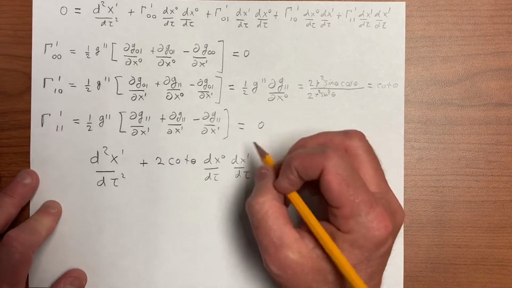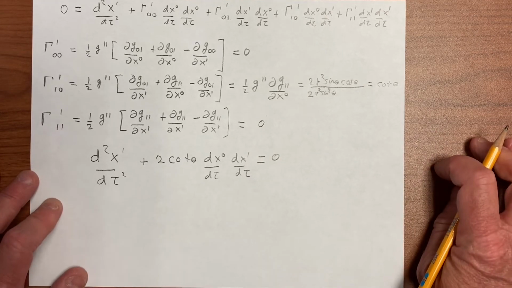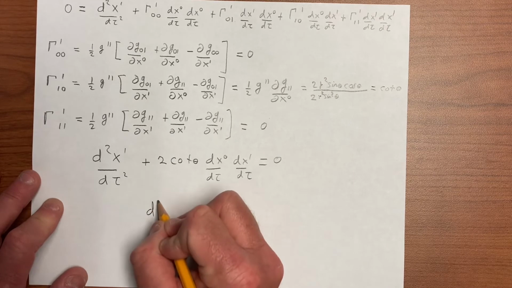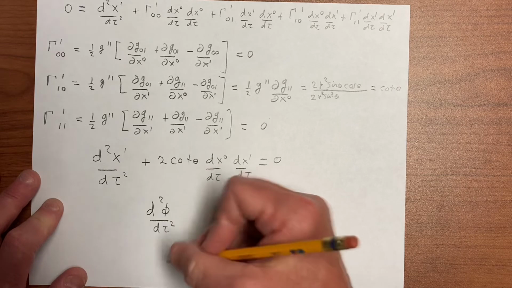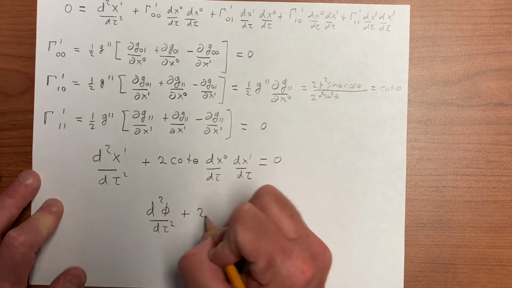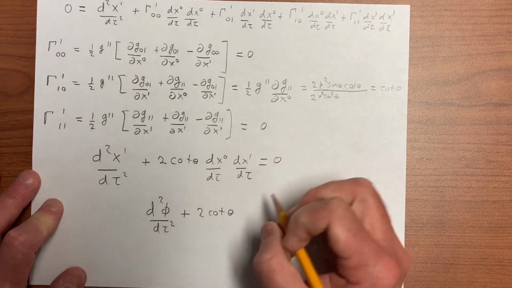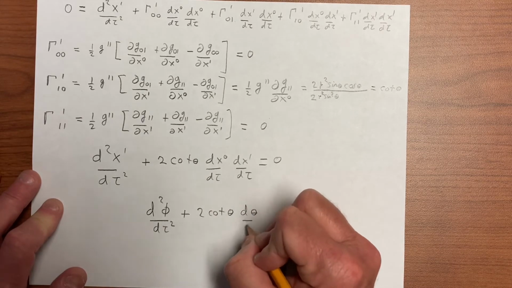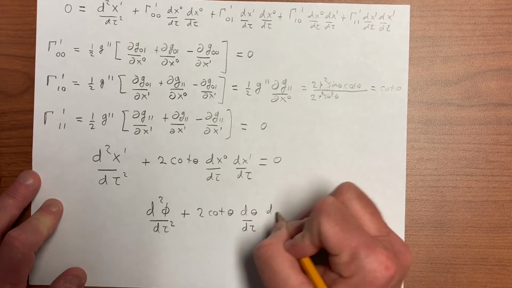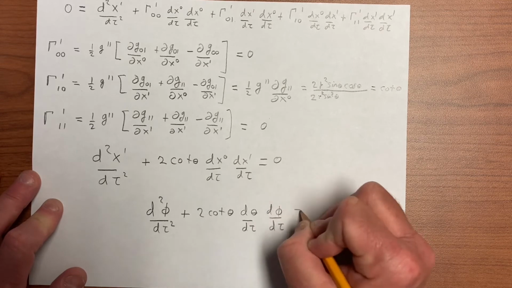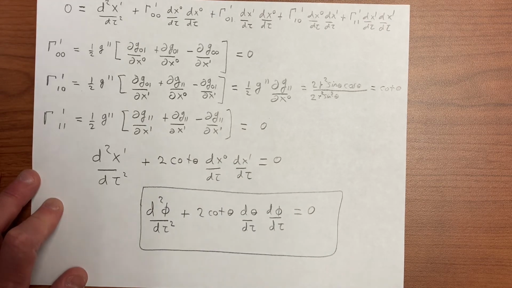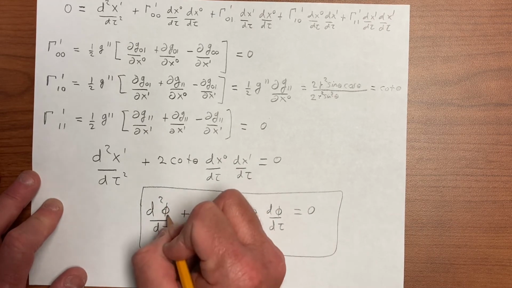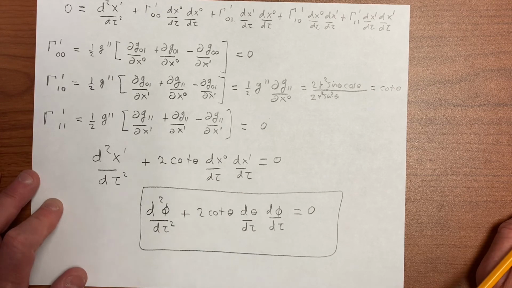So that's equal to 0. And so we have, in terms of the actual coordinate, the acceleration in the phi coordinate with respect to this time parameter, if you will, 2 cotangent of theta d theta by d tau d phi by d tau equals 0. And that describes the second derivative of this phi coordinate in this parameter for unaccelerated motion.